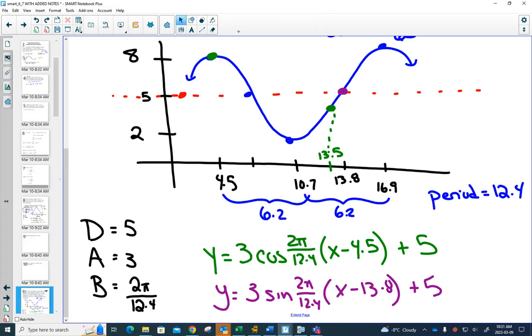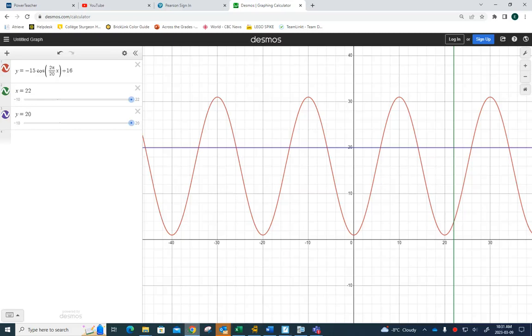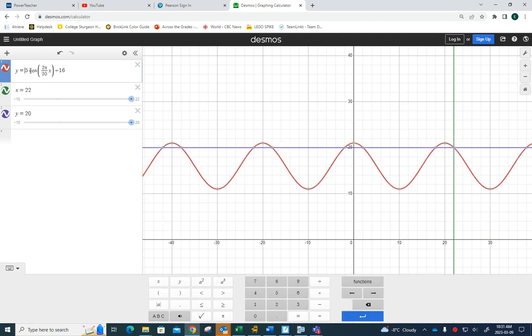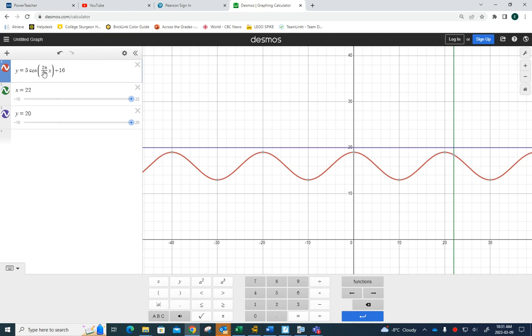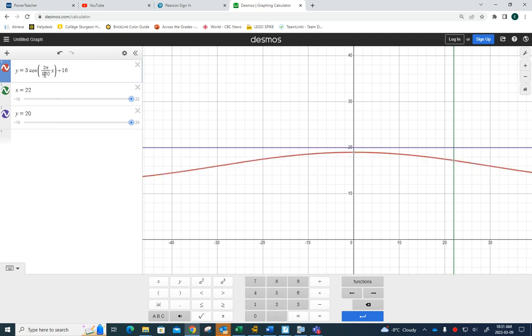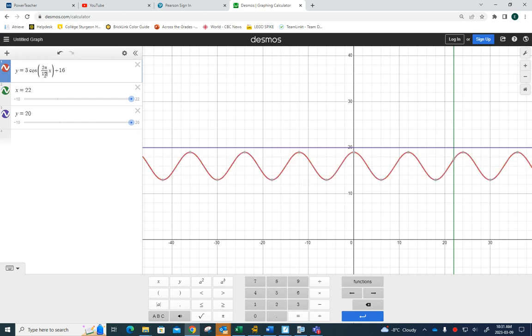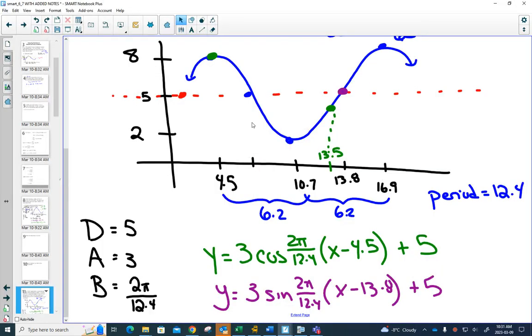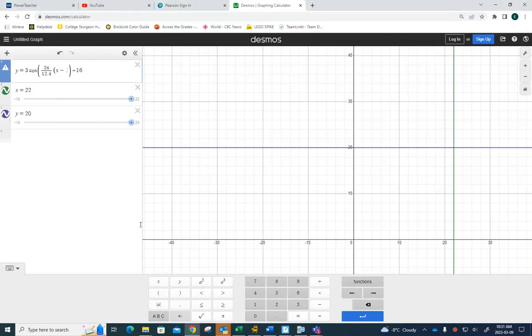If I want to figure this out exactly, I'd have to go to my graphing calculator, type this equation in: my amplitude was 3. My shift was 4.5 to the right for my cos graph.